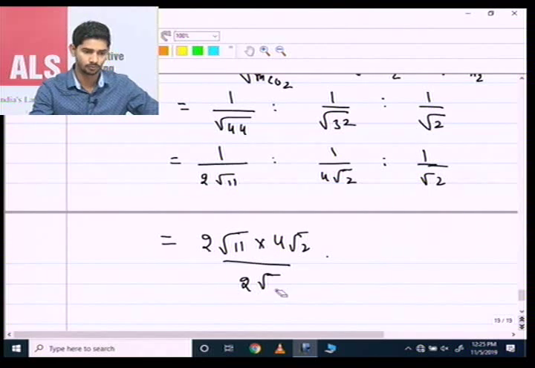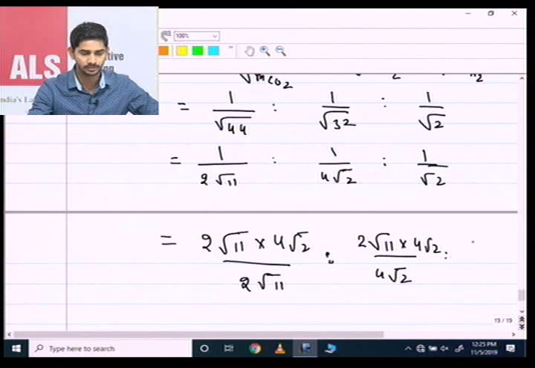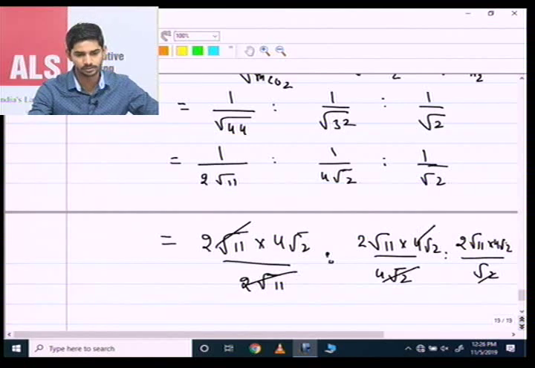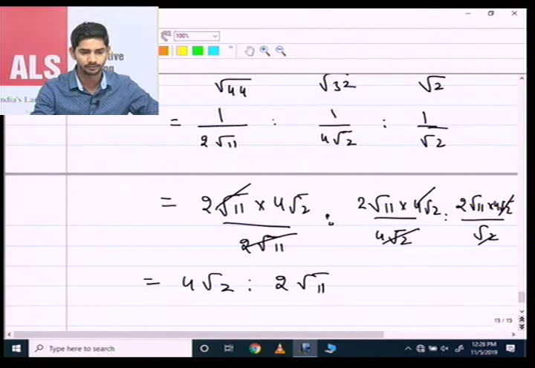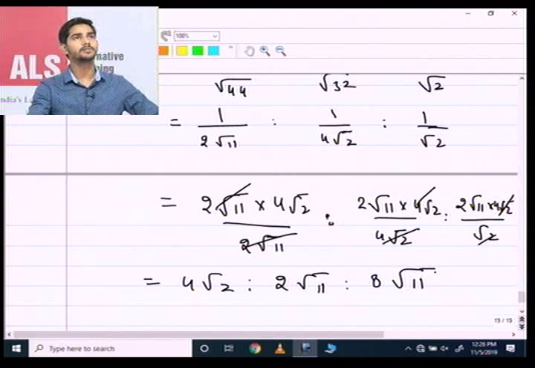This is 2 root 11 into 4 root 2 upon 4 root 2, and this is 2 root 11 into 4 root 2 upon root 2. See, this cancels out, this cancels out, this cancels out. And what will we get? 4 root 2 is 2, 2 root 11 is 2, 4 2s are 8, 8 root 11. This is one of the answers, guys.